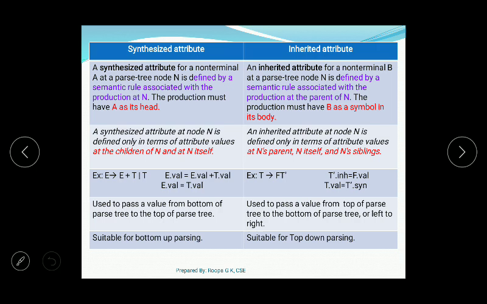Consider inherited attributes, where we have to use inherited attributes. So T gives FT dash. Actually this is written by removing left recursion. For example, consider T gives T star F or F, then F gives id.